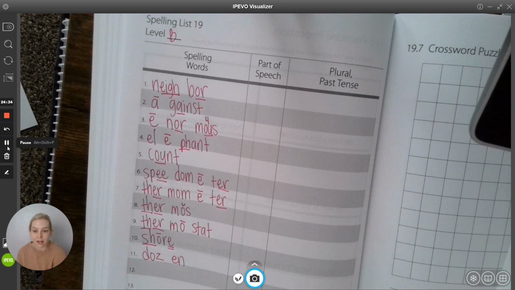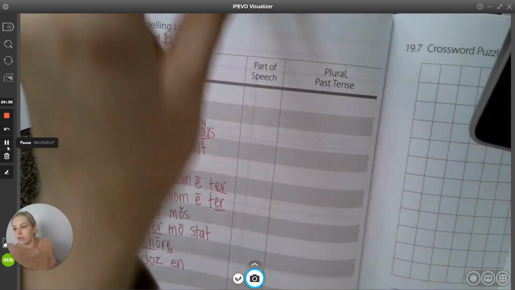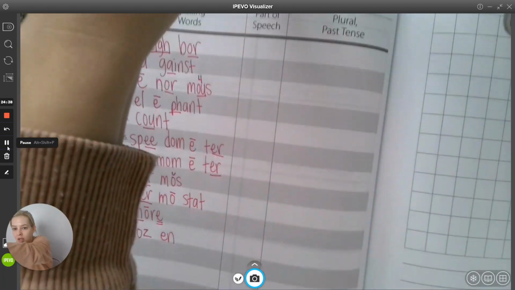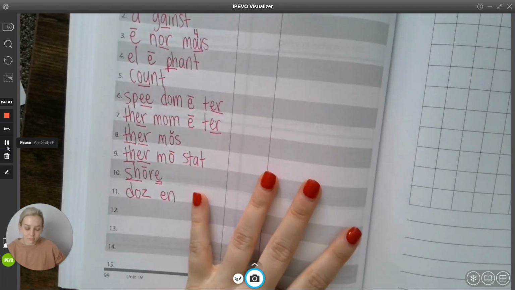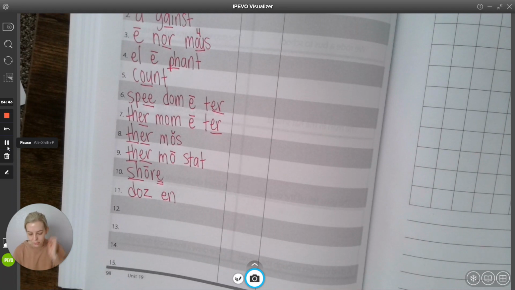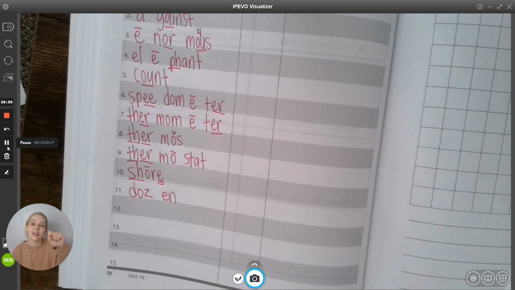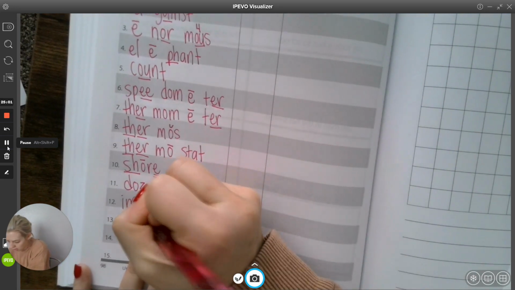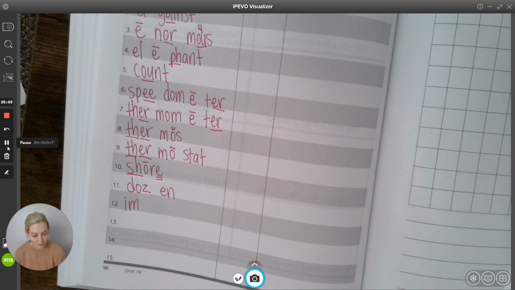All right, number 12, improve. Improve. How can we improve our results? Two syllables in improve. First one is im, sound it out. Finger spell. I, E, ya. Second syllable is prove.